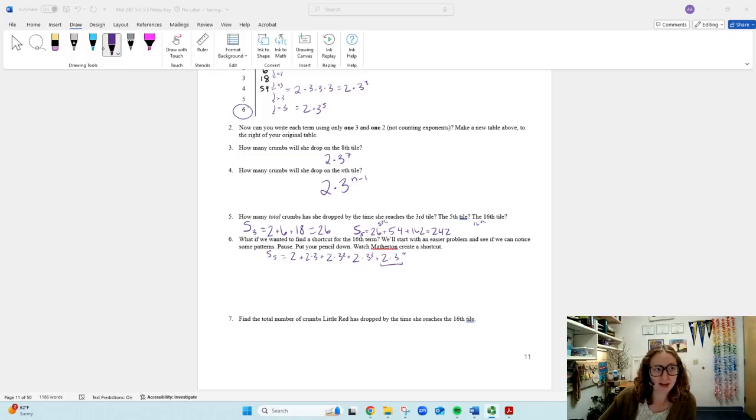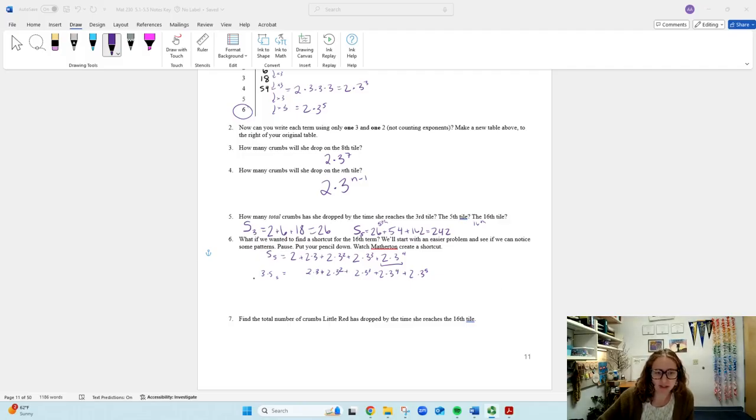So the way I'm going to do that is I'm going to multiply both sides by 3, and what that does is I'll have 2 times, this is my first term and I have 1 three. This is my second term and I have 2 threes, and so on. The reason I shifted this over, multiplied by 3, just a little bit to the right, is that you can see things match up.